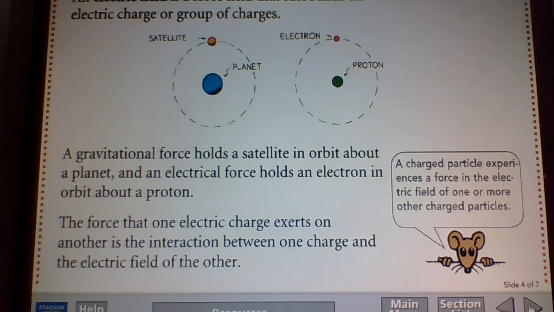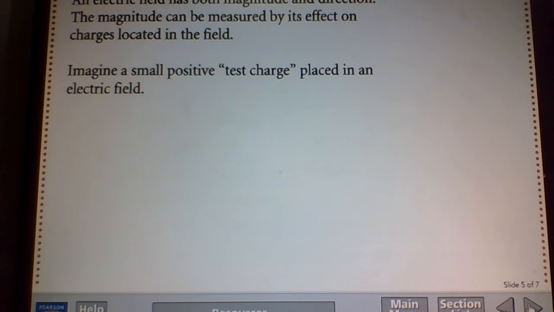An electron would be held to a proton by its electric force field. The proton being a positive charge and the electron a negative charge, the attraction is there. Now, if we took two protons and tried to put them together, they would push each other apart. So the field would be one that pushes them apart rather than pulls them together.